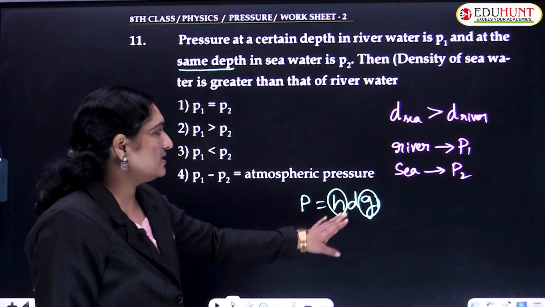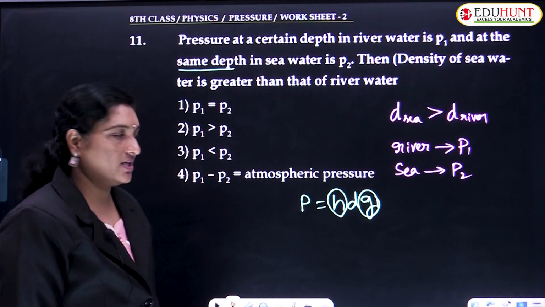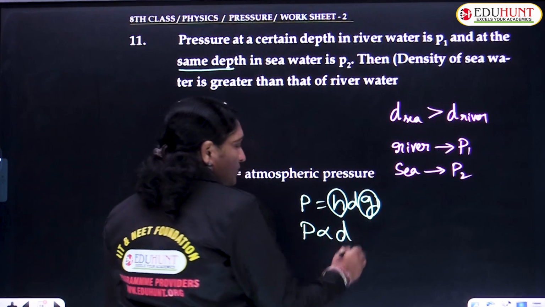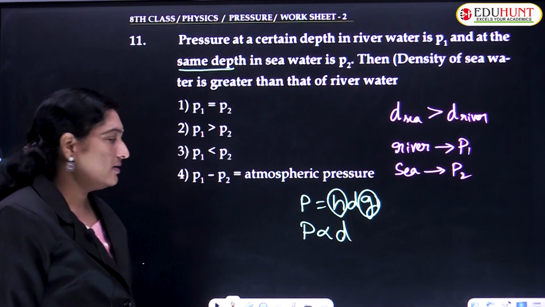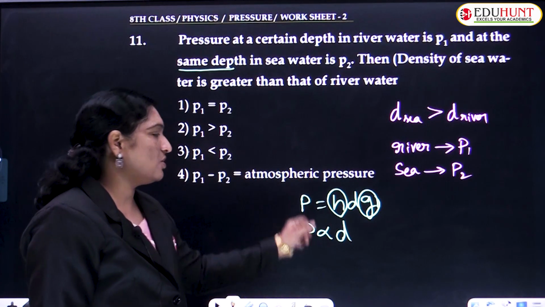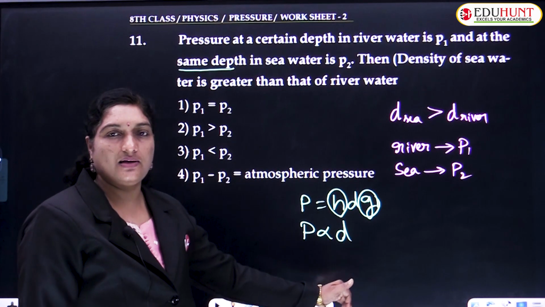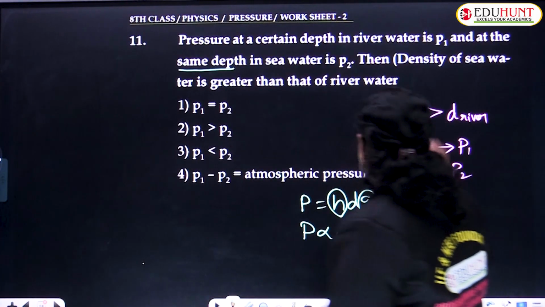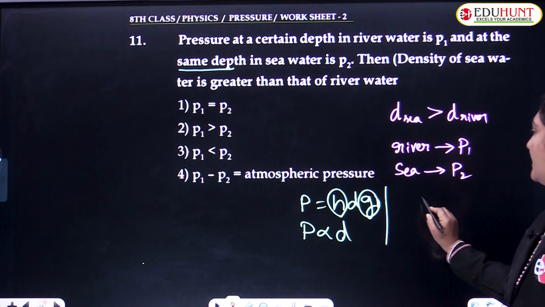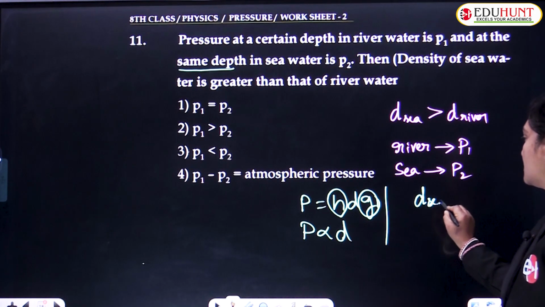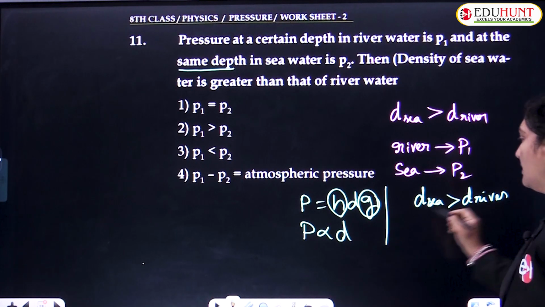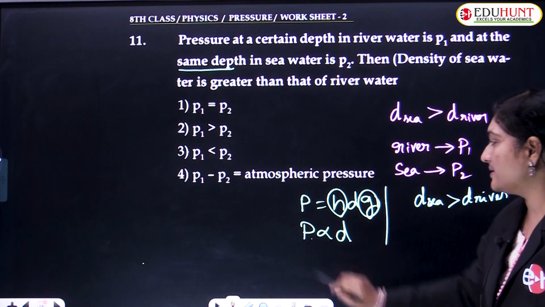So, what is changing? Density of the liquid is changing. So, clearly we know that pressure is directly proportional to density of the liquid. So, if density increases, pressure also increases. If density is low, pressure is also low. From this, we concluded that density of sea water is greater than density of river water. If density is larger, pressure will be larger.